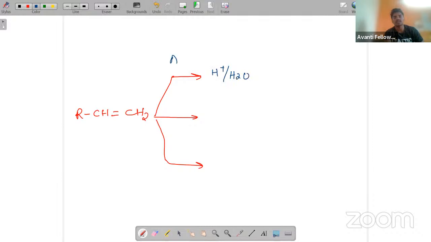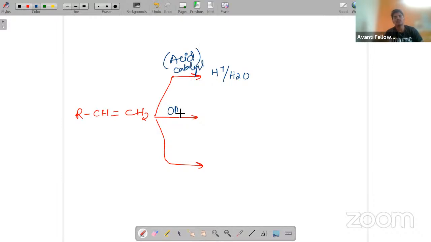Finally, I will write RCH double bond CH2 and the reagents here. First is H plus in the presence of H2O, the acid catalyzed reaction.